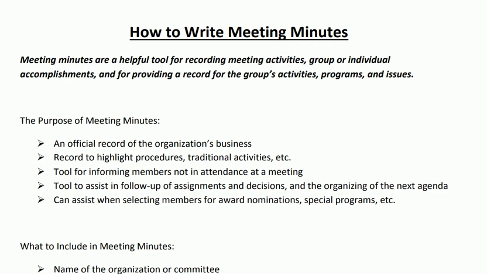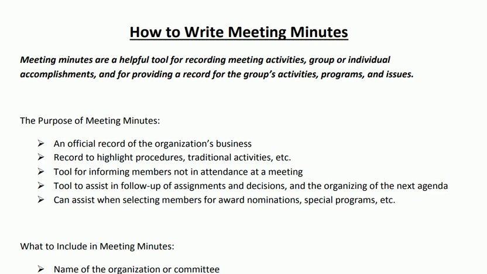The second purpose is to record procedures and activities, like what they perform and what key discussions they had. All these things help them look after such issues if they arise in the future.